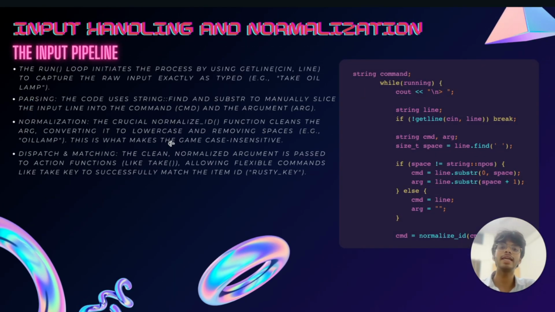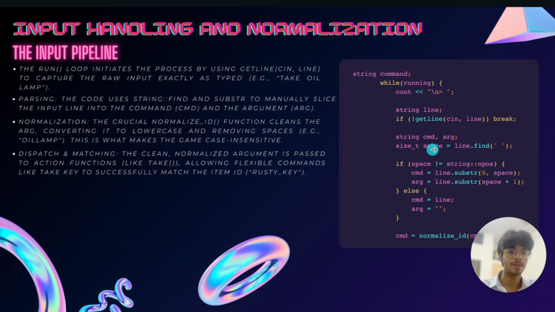Now, input handling and normalization. This is a system that turns messy player typings into actionable code. We use a command pipeline starting in the run loop. First, we capture the entire raw line using the getline cin line, and we perform the parsing by using the find algorithm and the substr to instantly slice the input into the command and the argument, which we can see here in this loop.